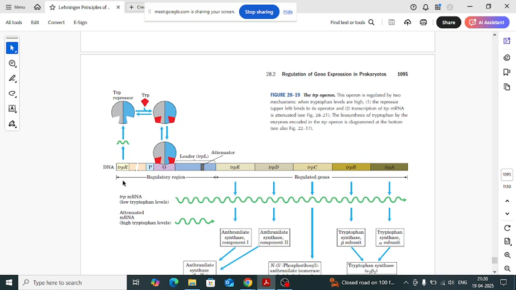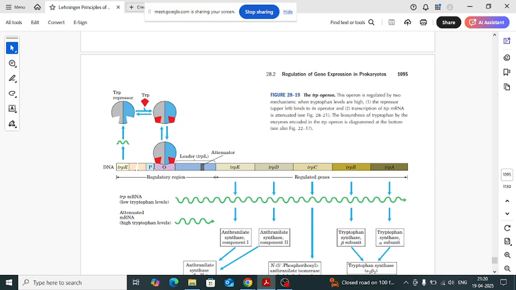So this trpR region, which is upstream of this gene cluster, encodes a protein called the trp repressor, right? When the trp repressor is bound to tryptophan, it will bind to the promoter region, actually the operator region of the promoter, which will obviously cause transcriptional inhibition, because now it is occupying the RNA polymerase binding site.